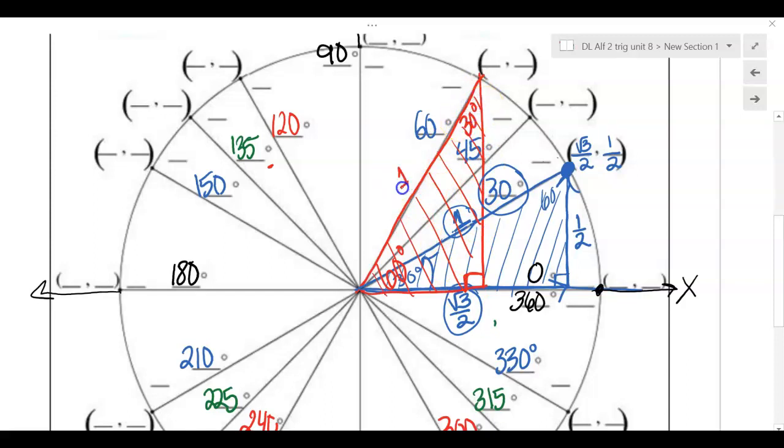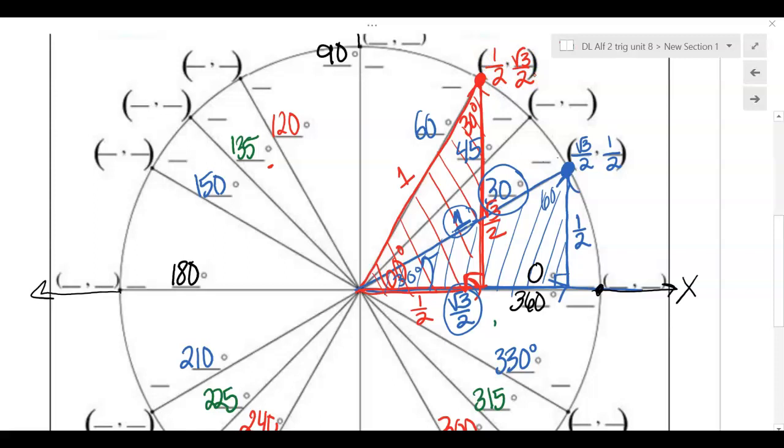And again, you know the hypotenuse is 1, which means this is still a 30, 60, 90, and you know that the short side is 1/2, the longer side is rad 3 over 2. So to get to this point right here, you either name it as a position of 60 degrees around the circle, or a position that you've traveled 1/2 unit to the right and rad 3 over 2 units up to land at this point.